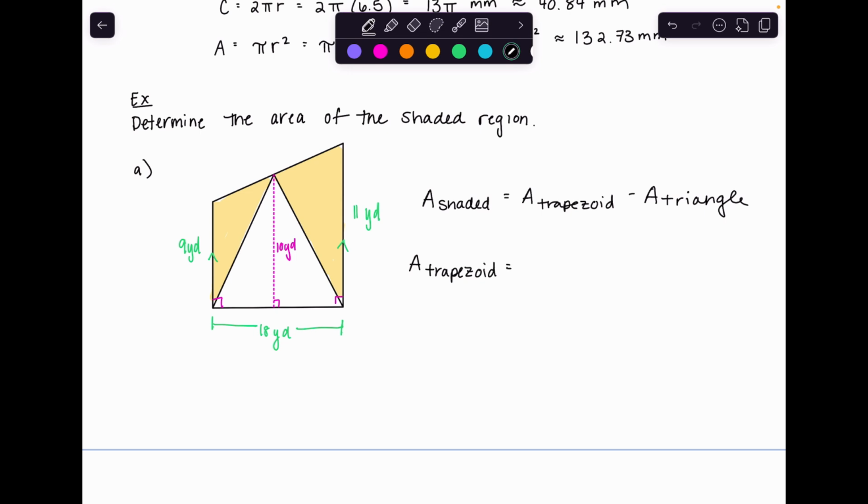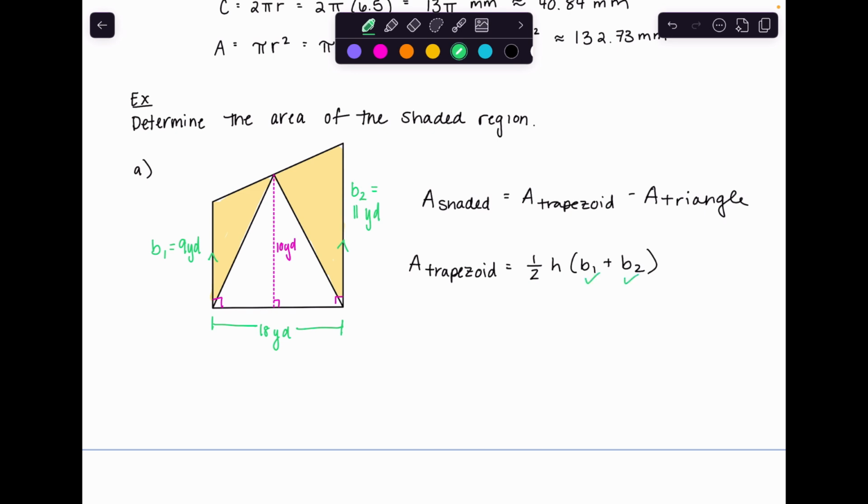Going through my formula just to write it out to start, that's 1/2 the height times base 1 plus base 2. From my image, I have to figure out what are each of these different things. The two sides that are parallel are my bases. It doesn't really matter which one you call base 1 and base 2. This one's just more natural for me to write base 1, and this is base 2.